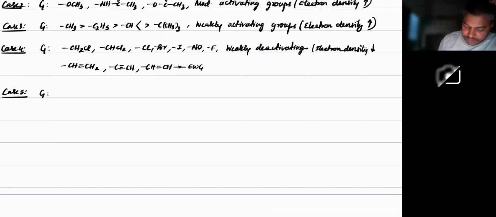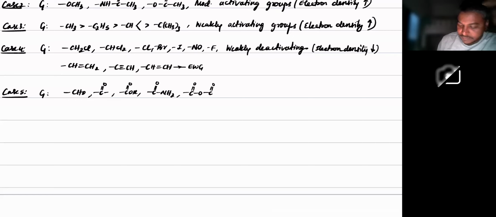If you have groups like aldehyde, ketone, esters, amides, and anhydrides like this, these are moderately deactivating. Here also electron density decreases.